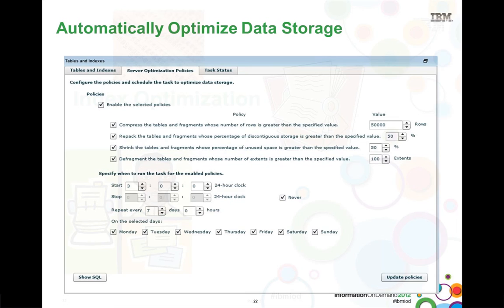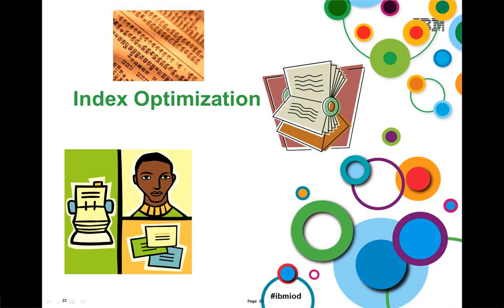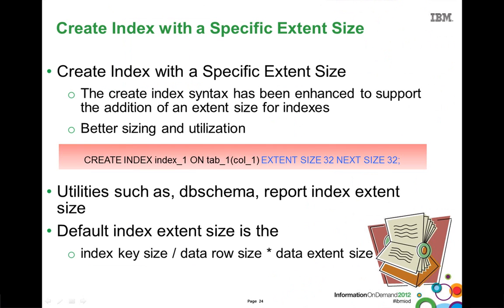And one of these has been, I think, on the top of the IIUG feature request list for a while, and that is the ability to create indexes with specified extent sizes. So now in 11.7, you can go ahead and create an index and use the extent size and next extent size.